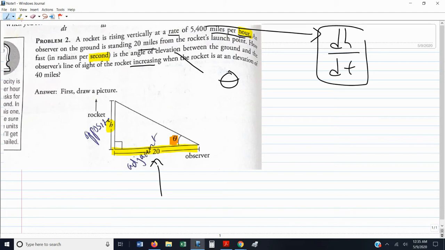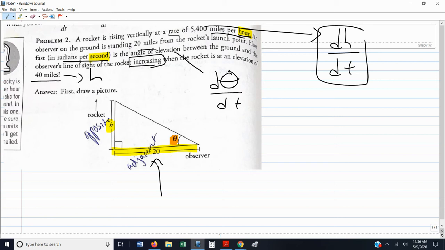And so that means that they're asking you for dθ/dt. You know that because it's radians per second. So that's a unit of a rate of change. And that word increasing is also an indication that they don't want you to find the angle. They want to know how the angle is changing or increasing. So dθ/dt.